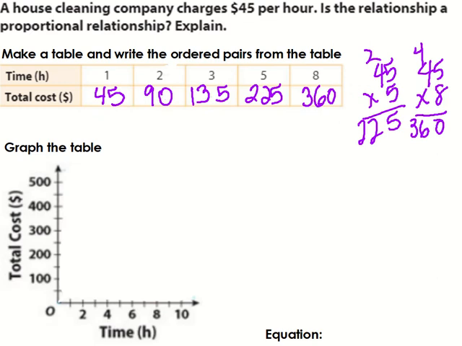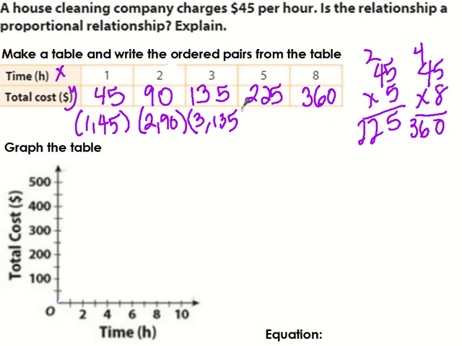So what you've also just done is created ordered pairs. These are all individual ordered pairs, so we can use them to make a graph. Okay, so these are ordered pairs. This is the 1, 45 and 2, 90, and 3, 135, because remember this one's x, this one's y, and so on.